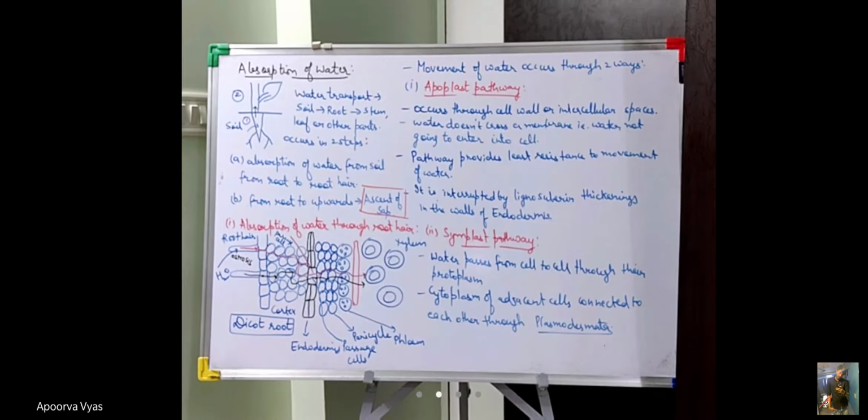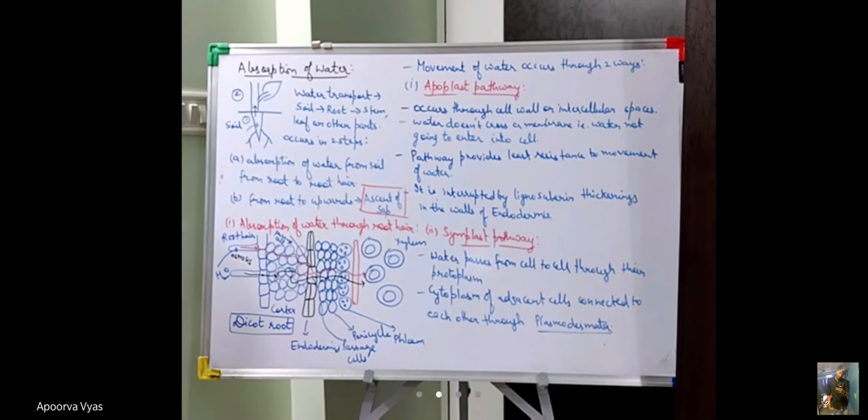अच्छा, one thing which you need to remember कि apoplast pathway में नहीं, when the water actually reaches the endodermis layer, the mechanism will be symplast. The water movement has to occur by entering into the cells.